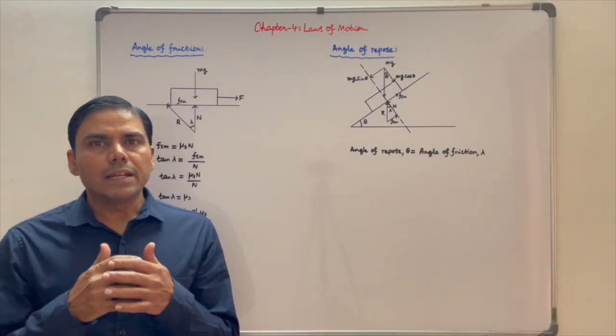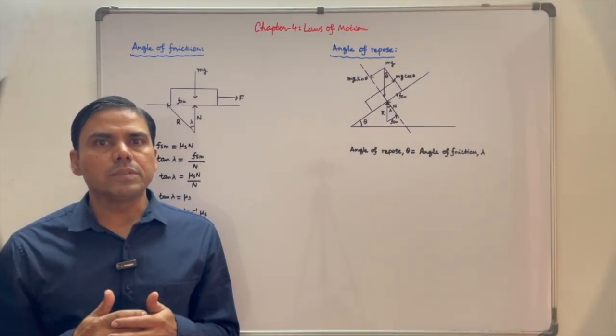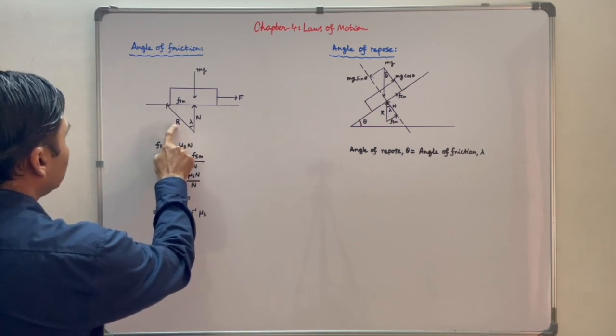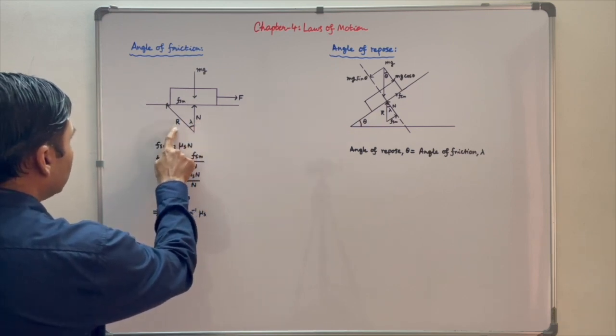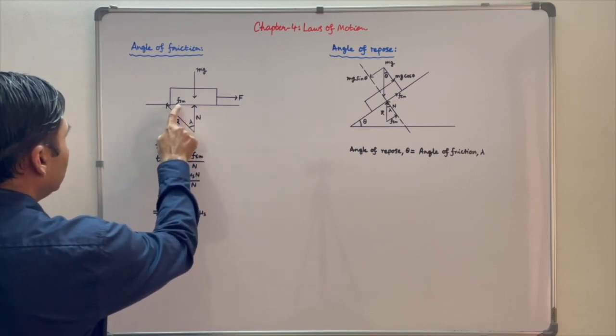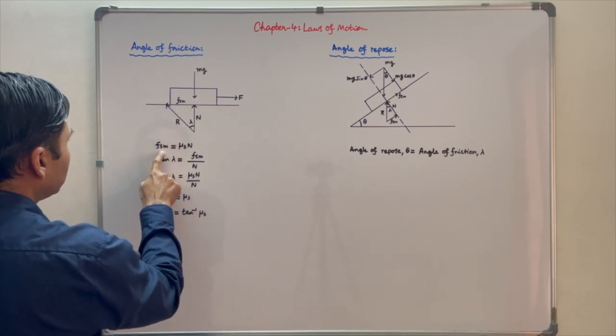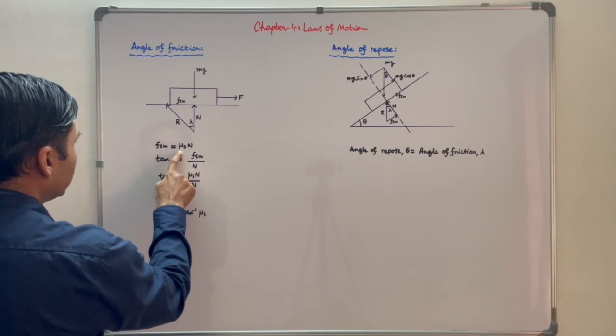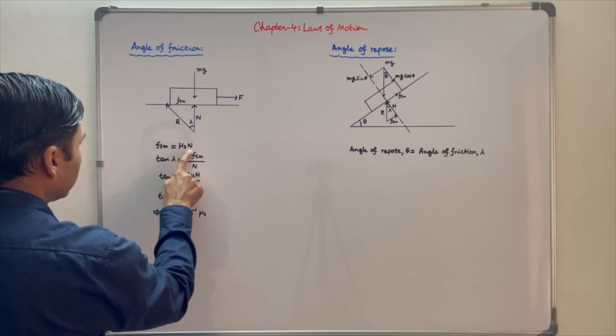Now let us see angle of friction and angle of repose. Angle of friction λ is the angle between vector R and vector N. Vector R is the vector sum of normal reaction and limiting friction. Limiting friction is represented by Fsm, and Fsm = μs × N, where μs is coefficient of static friction and N is normal reaction.